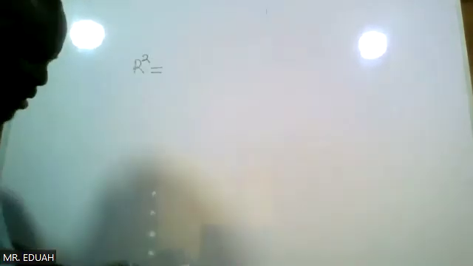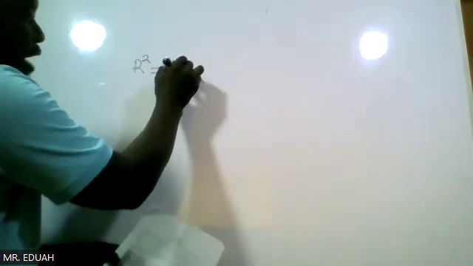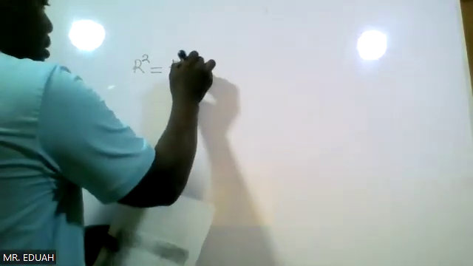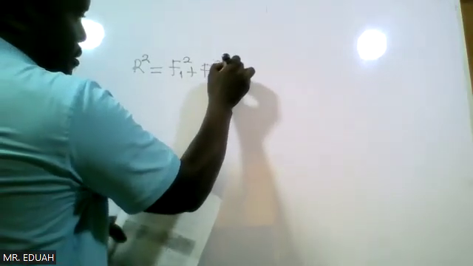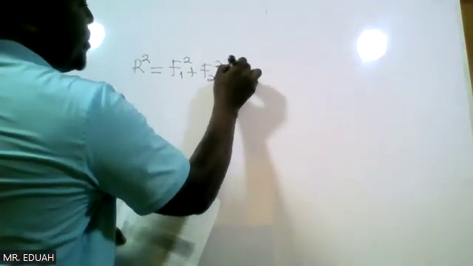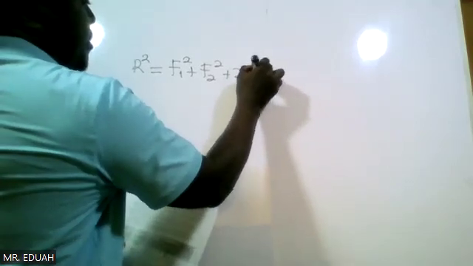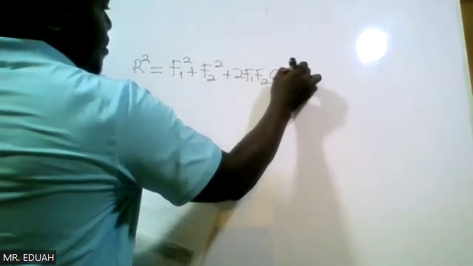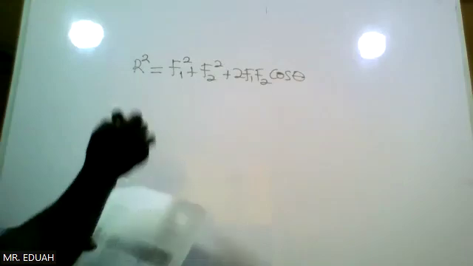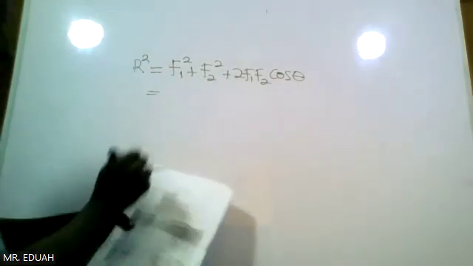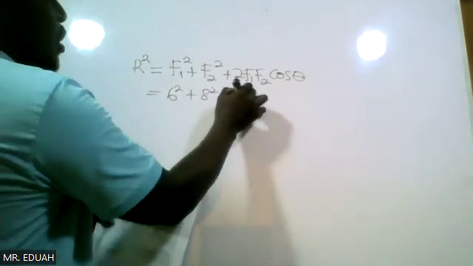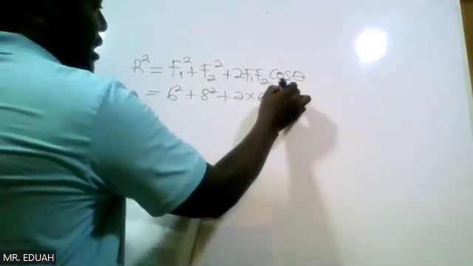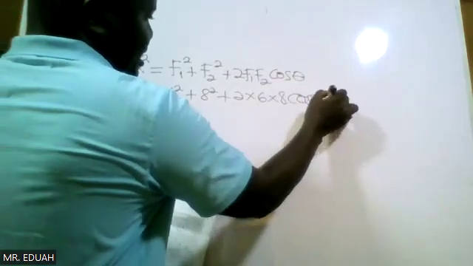The resultant force, we have to use the cosine rule. So 6 squared plus 8 squared plus 2 times 6 times 8 cos 30.